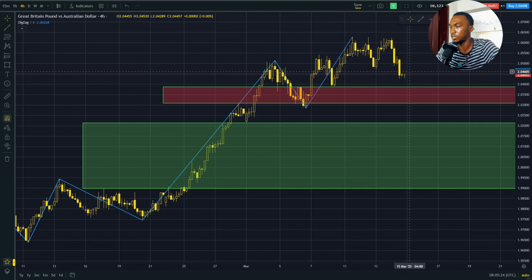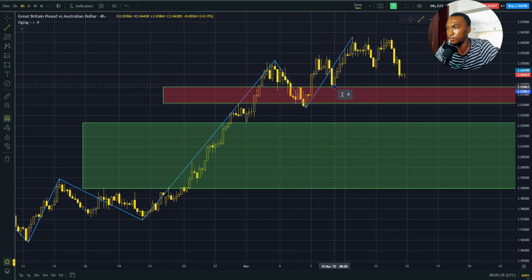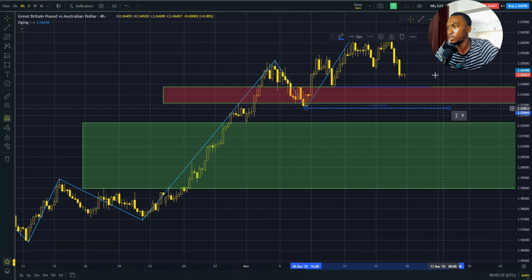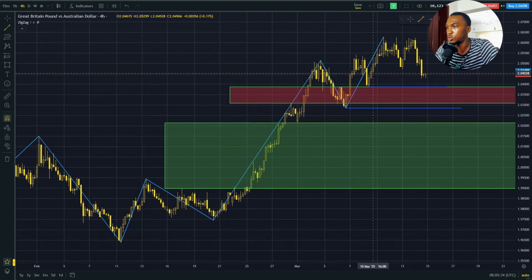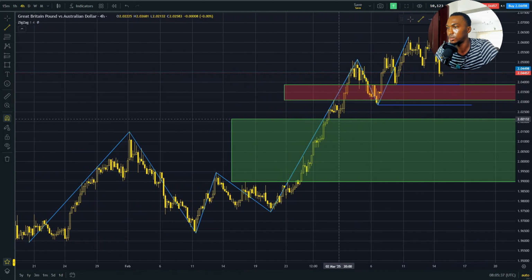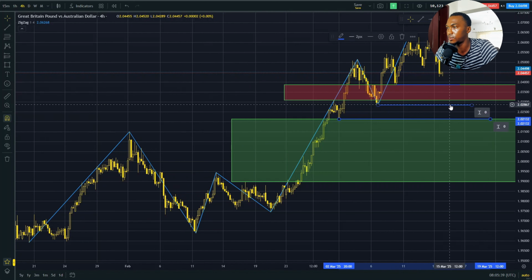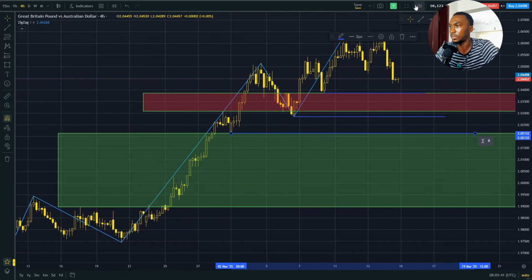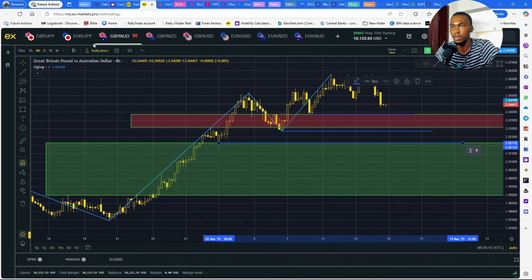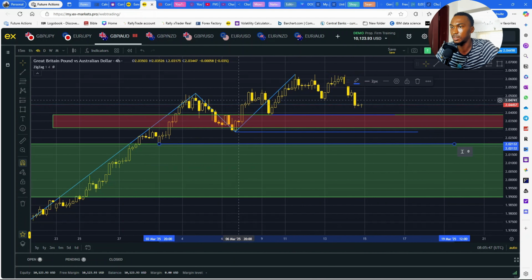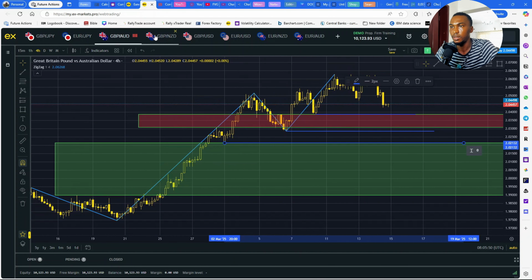This would be my take profit 1, this would be my take profit 2, and if price continues to push further down, then I'll be aiming for this as 3. This is the target for next week. British pound, Australian dollar, that's my clear-cut bias for it.